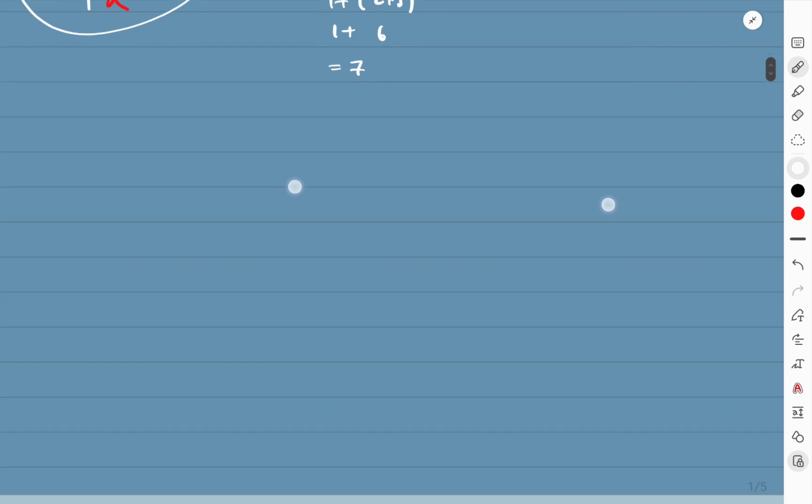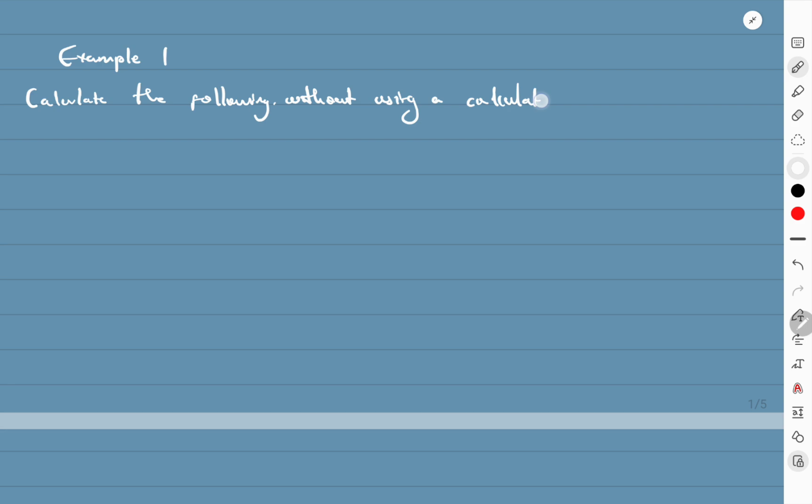Now let us look at the first example. From the first example, we are given: calculate the following without using a calculator.